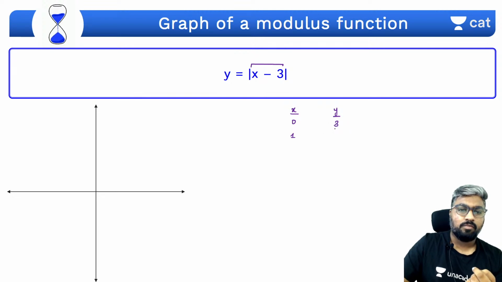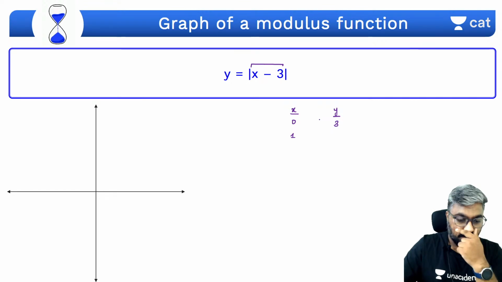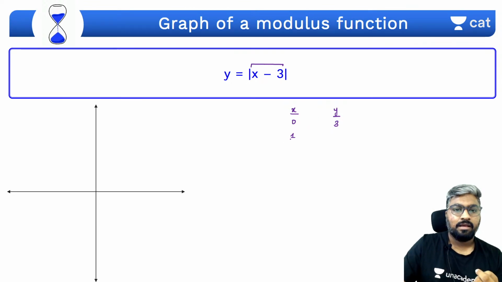Are you getting this? Modulus of -3 giving us 3. When x is 1, y becomes modulus of -2, which is 2. When x is 2, y becomes modulus of -1, which is 1. When x is 3, y becomes modulus of 0, which is 0. When x is 4, y becomes 1.